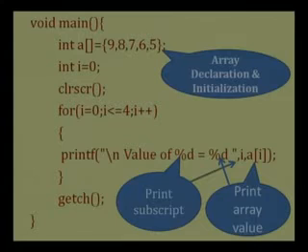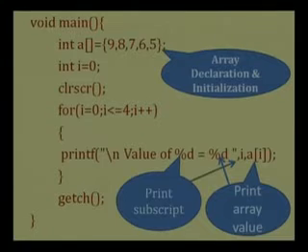You can see here: printf("value of %d equal to %d", i, a[i]), and the getch will be here. So that will be the output.